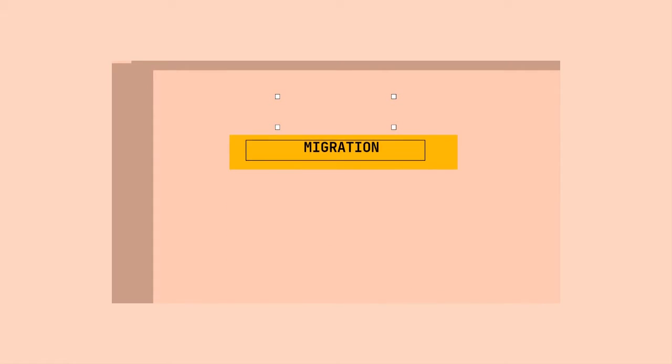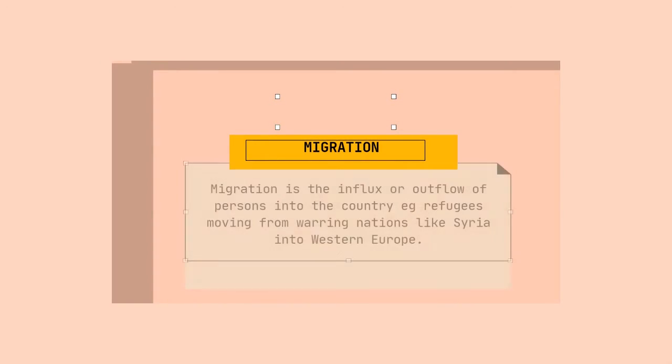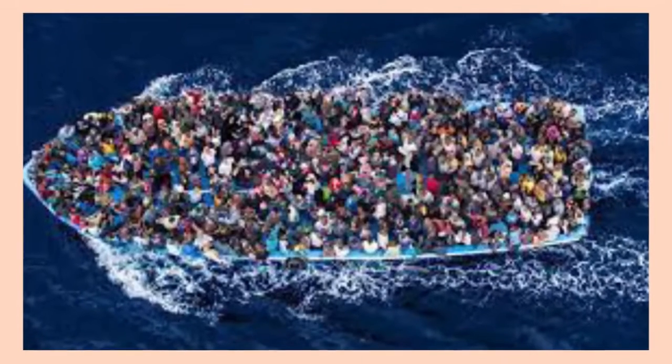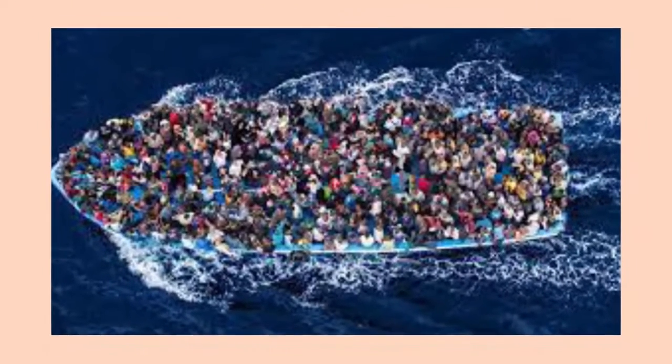Migration is the influx or outflow of people into a given geographical region that has the tendency of reducing or increasing its total population, or leading to growth in the population.